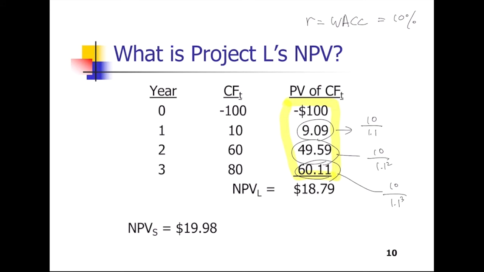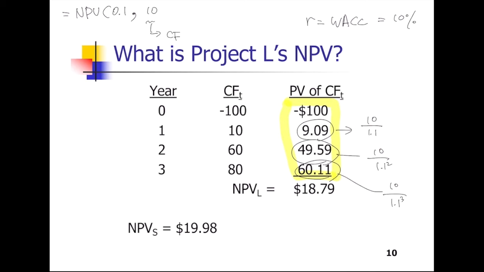You can also calculate NPV using Excel. So in Excel, the function name is NPV, and firstly you input the discount rate, the WACC, and you input the cash flow at T1. Yeah, that is the tricky part.